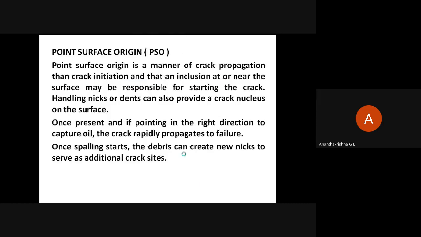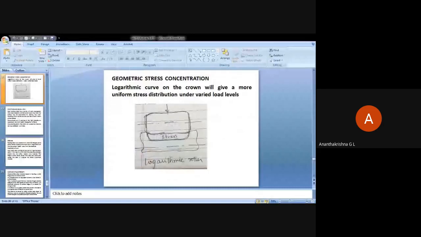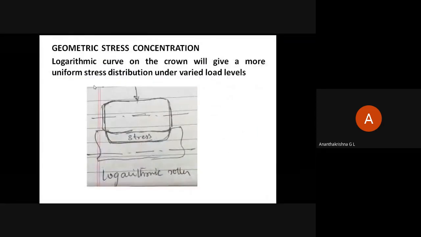Okay, so please note down the logarithmic roller sketch. Please note down this logarithmic curve. So finally, the logarithmic curve on the crown will give more uniform distribution of stress under various load conditions. That's what it all means. Is that okay? So we learnt about the logarithmic curve, partial crown, full crown, and then a straight cylinder.